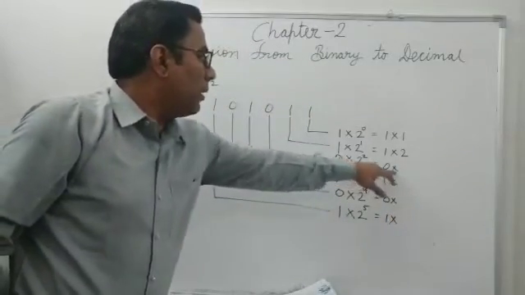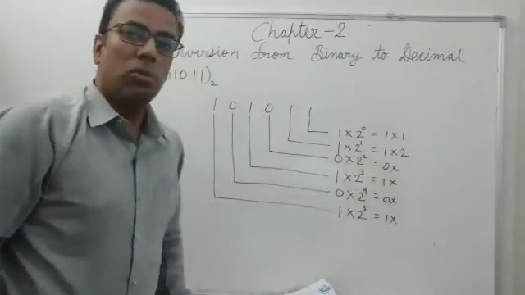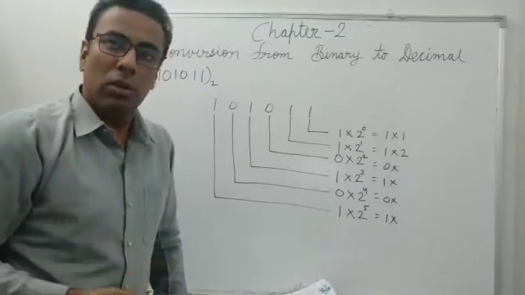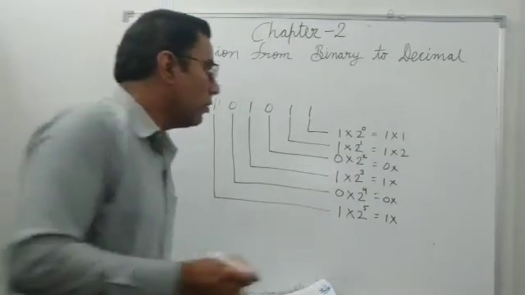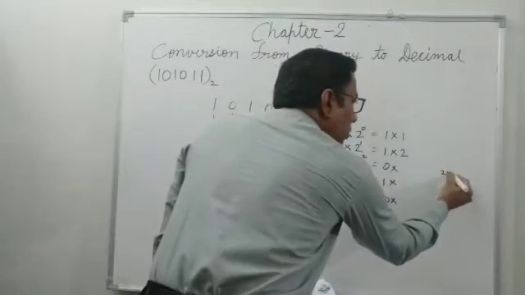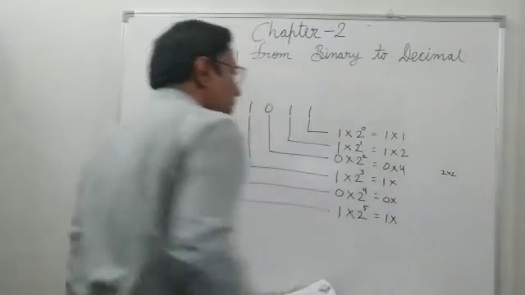Now 0 multiplied by 2 raised to the power 2. 2 raised to the power 2 means 2 into 2, equal to 4.